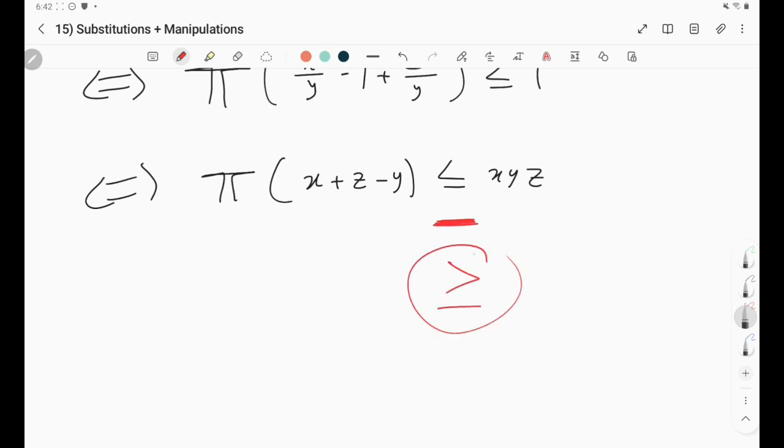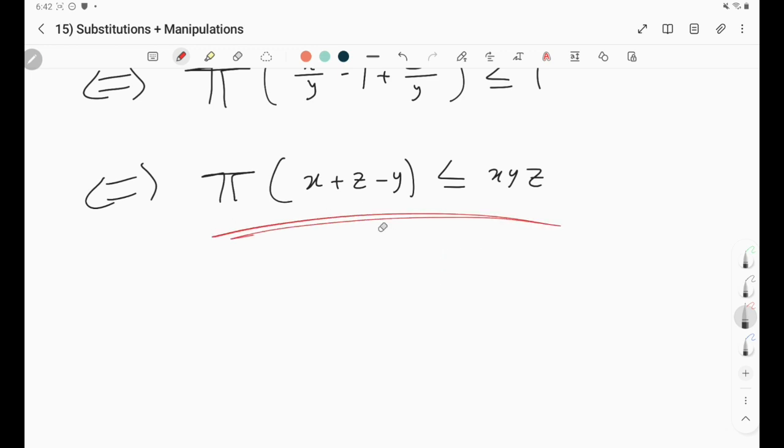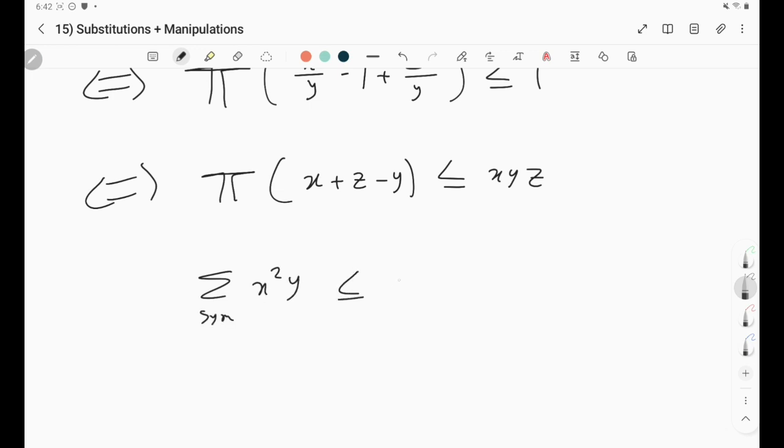It's in fact like this, and you can just check by expanding everything, and you're going to get that this thing is just sigma x squared y symmetric is less than sigma x cubed plus 3xyz, and as we said, this thing is just Schur. So we're done.